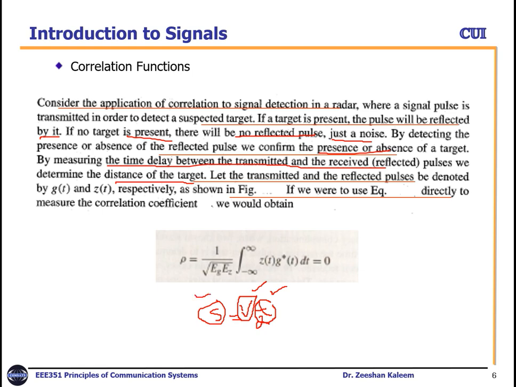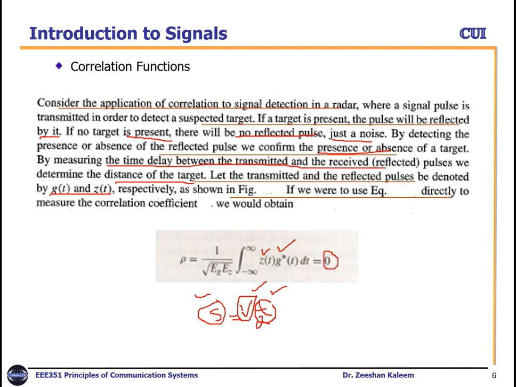Let the transmitted and reflected pulses be denoted by g(t) and z(t). This is g(t) and z(t), as shown. If we were to use the equation directly, measure the coefficient, we would obtain this. But if we correlate z(t) with g(t), the transmitted with the received, if there is no correlation, then you will get 0.